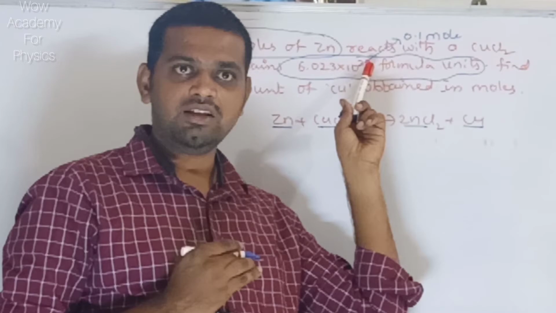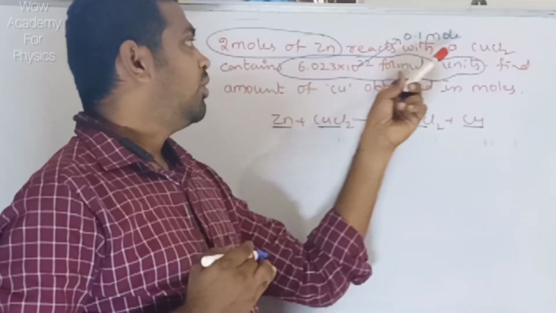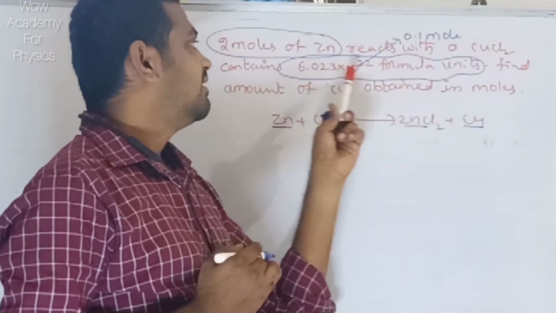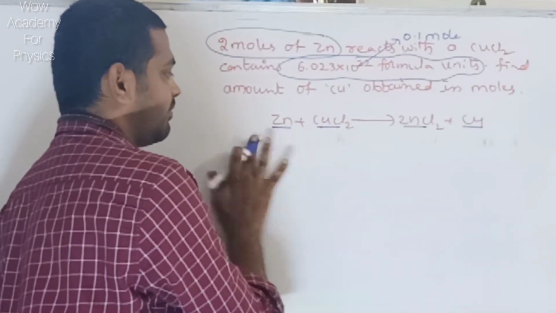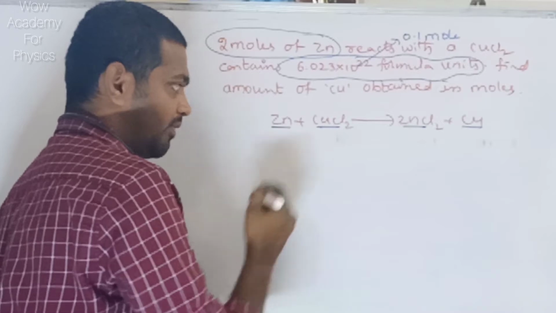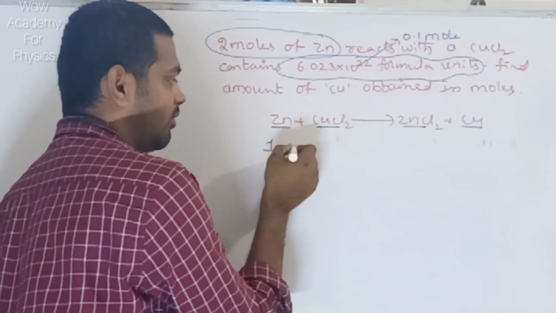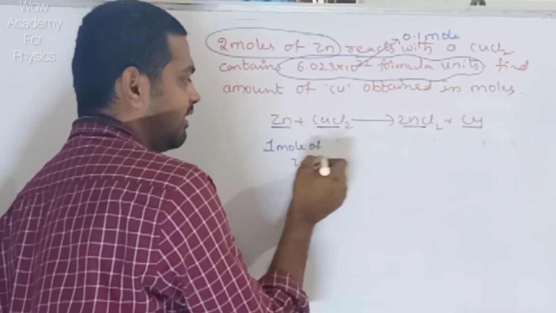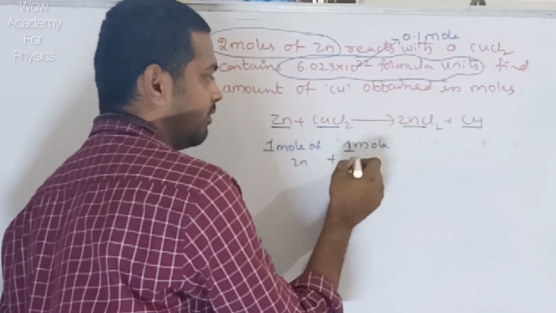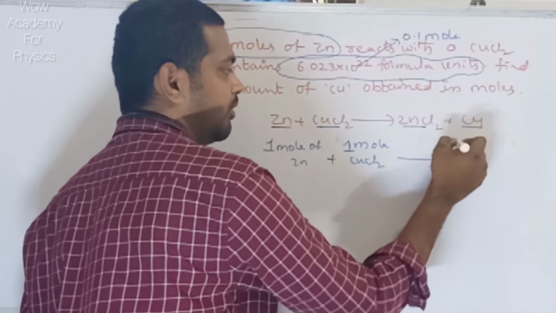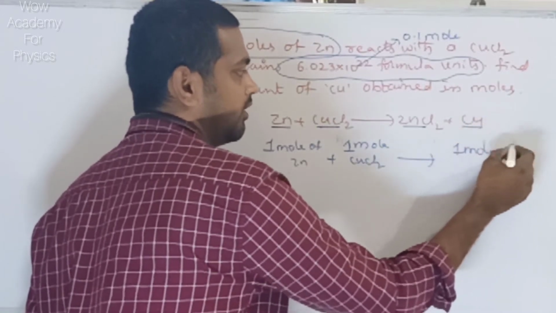But in the question, the amount of cupric chloride taken is 0.1 mole. As per the balanced chemical equation, 1 mole of zinc reacts with 1 mole of cupric chloride to produce 1 mole of copper.